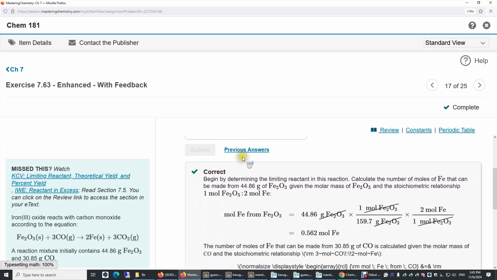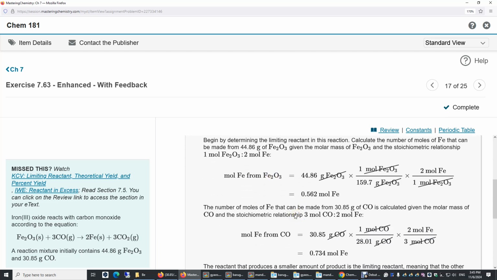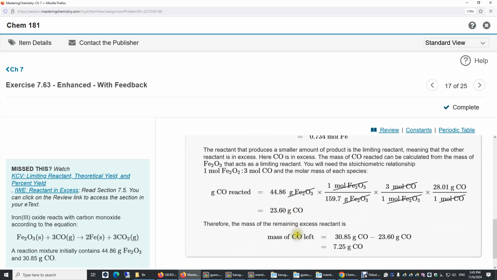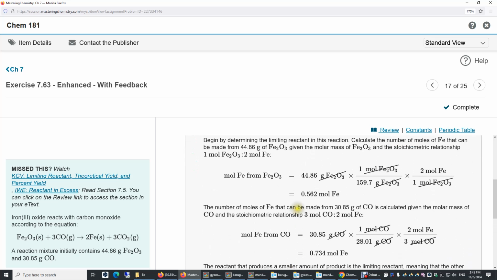Of course, there's a more standard way of doing this. If you look at the MasteringChemistry.com solution, it's a bit more standard. They actually computed the amount of iron given the amount of iron oxide.